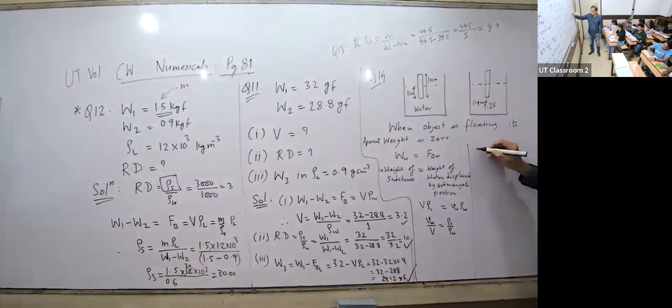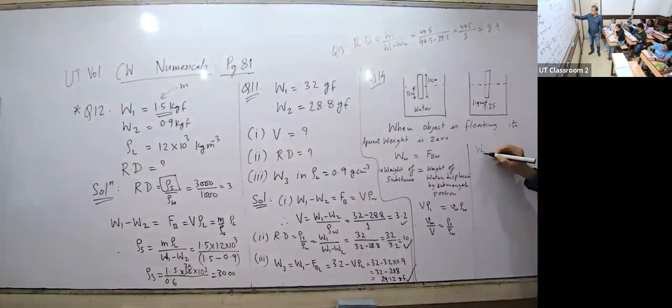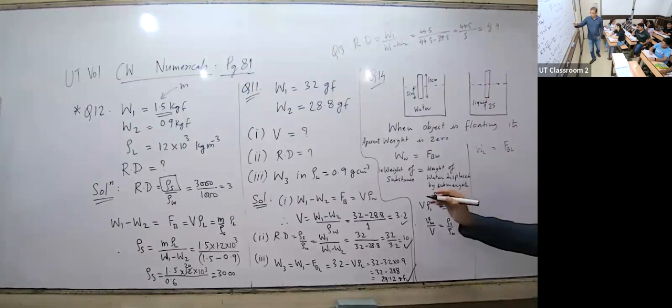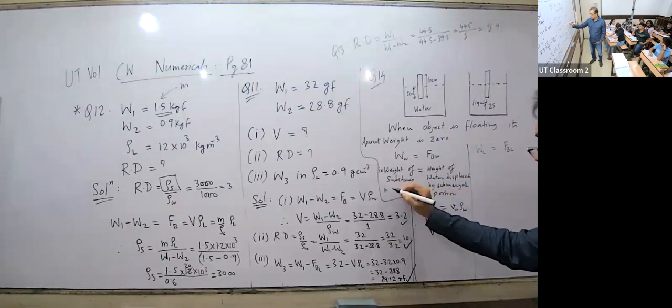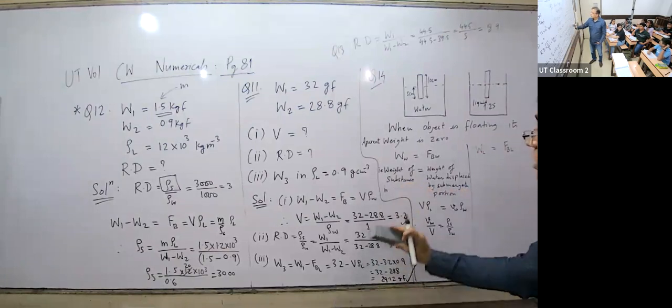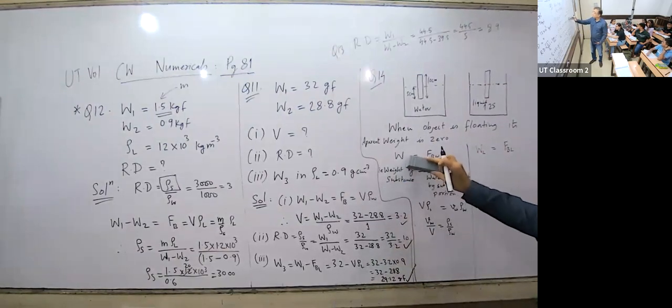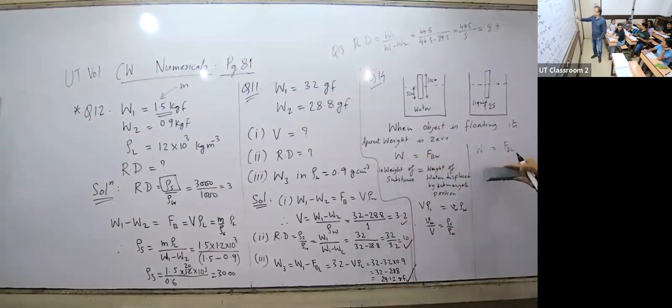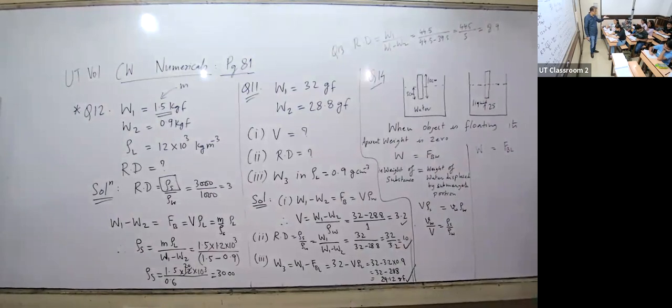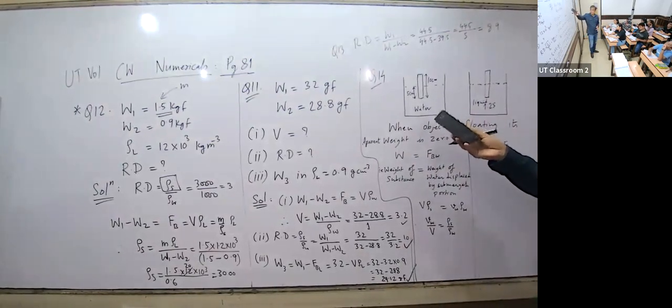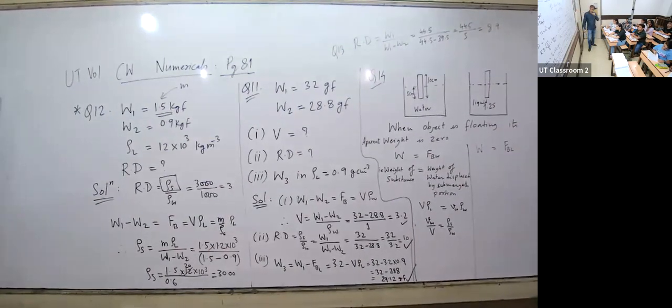So now here again weight of substance. Now this is in liquid. Weight of substance is equal to upthrust in liquid. यहाँ पे in water. So it does not matter whether it is in water or in liquid. Does the weight of substance matter? Its weight in air will be the same. So whatever is its weight, it is balanced by its submerged portion in water in the first case and submerged portion in liquid in the second case.